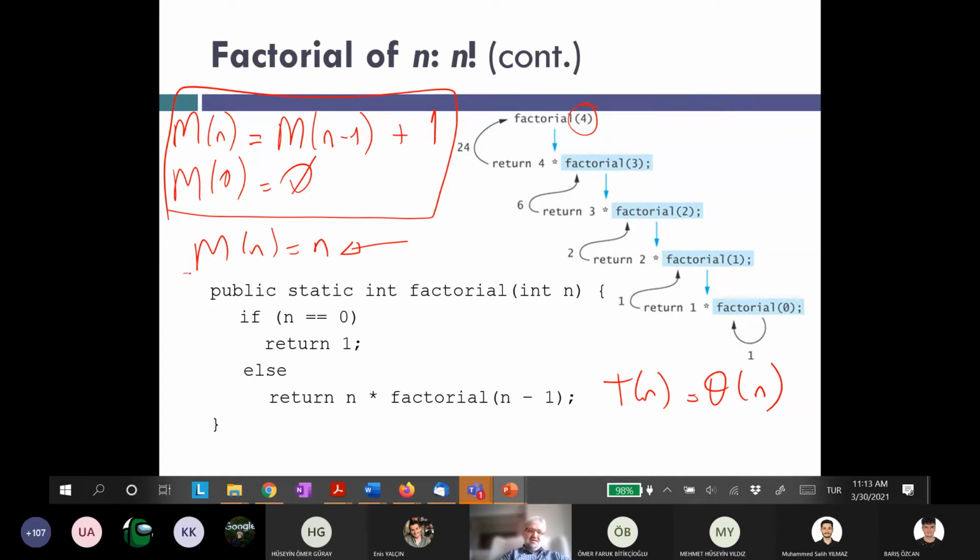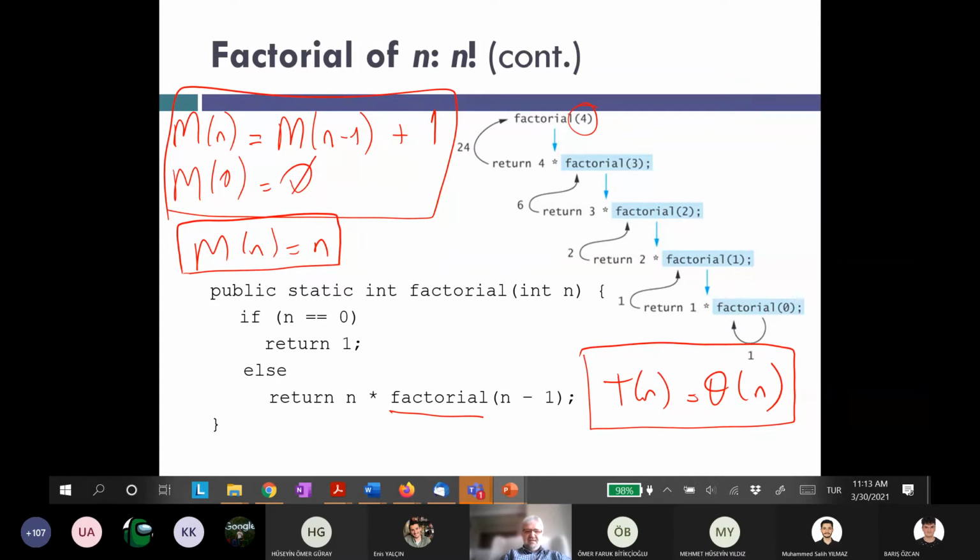As you see, we can state the number of multiplications exactly as a function, but it is not easy to state the running time exactly, since these recursive calls require forming an activation record, pushing it on the stack, and returning from the factorial function requires popping the stack and changing the program counter, etc. So there are a lot of things to be done, and we do not know how many operations there are exactly.